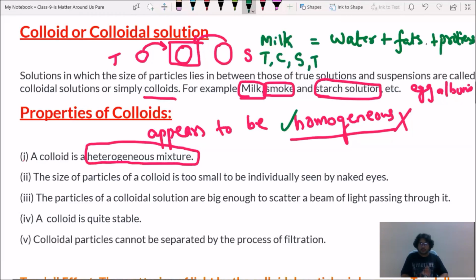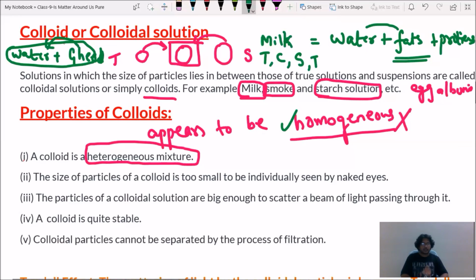If you mix water and ghee, will it mix? No, ghee will not mix in water, right? Ghee is nothing but fat. Will these fat particles dissolve in that water? No, they will not dissolve. So milk appears to be homogeneous, but it is not. Fat particles will not mix in water.